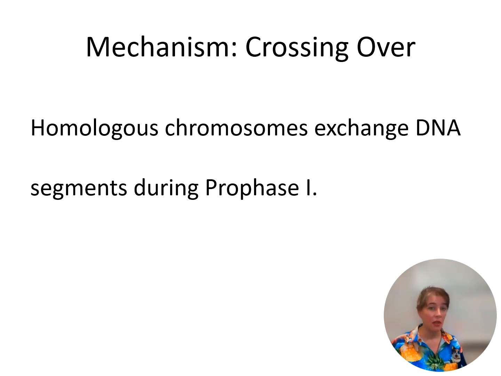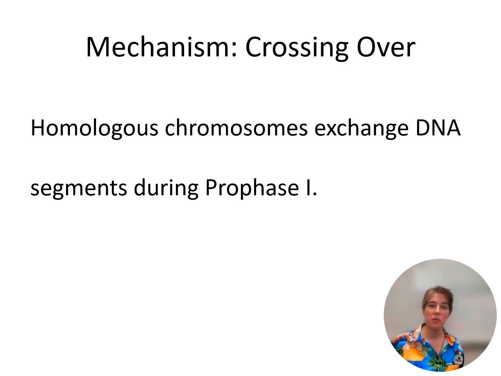For example, my mom's chromosome had the gene for brown eyes. My dad's chromosome had the gene for green eyes. They are still homologous, but they're different. So during prophase 1 of meiosis, the pairs come together.